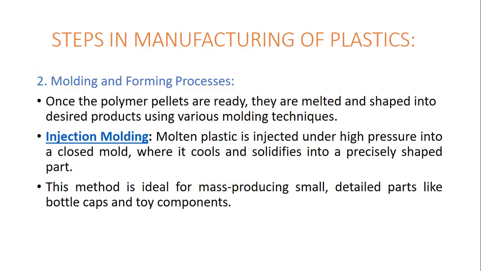In this process, the molten plastic is injected under high pressure into a closed mold, and it cools and solidifies into a well-defined shaped part. This process is ideal for mass production of small and detailed parts like bottle caps and toy components.